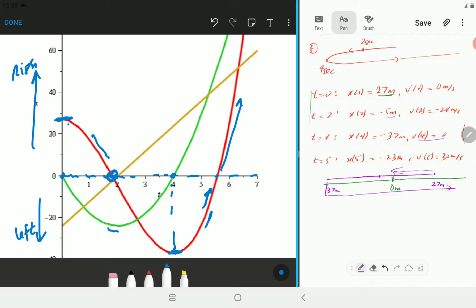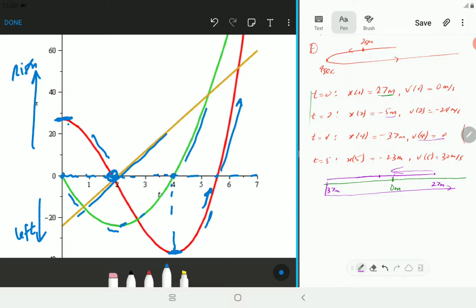When the red graph has positive slope, the green graph is positive. So the velocity is negative all the way up to 4 seconds. The velocity becomes negative and bigger, so that's speeding up, and then it goes towards 0, and at 0 changes to positive, and it goes all the way.